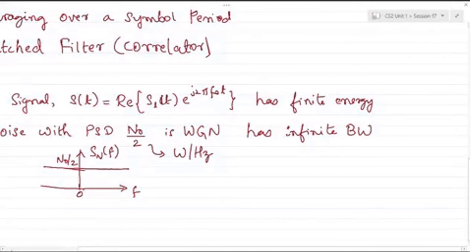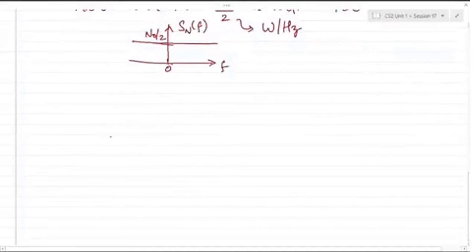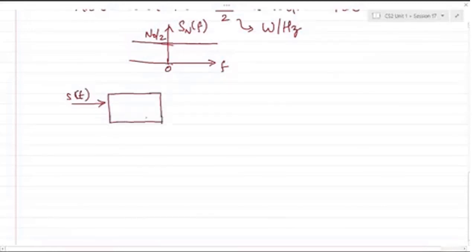The signal s(t) is received at the receiver after passing through a channel. We assume this channel to be ideal, just for mathematical sake.